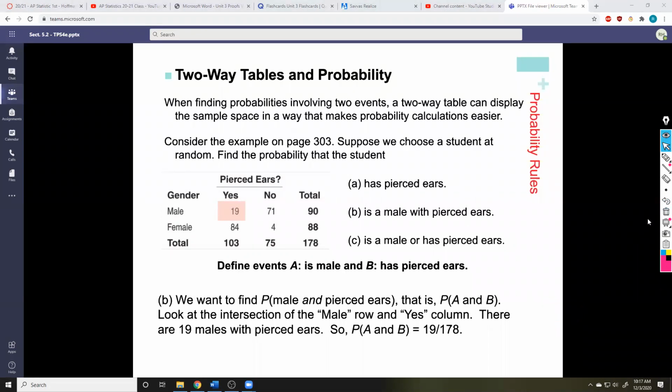For part C, we're looking for them being a male or having pierced ears. So this is the probability of A or B. Now we're using union. Probability of A or B. So when we did this on Tuesday, we said for or probabilities we would usually add.